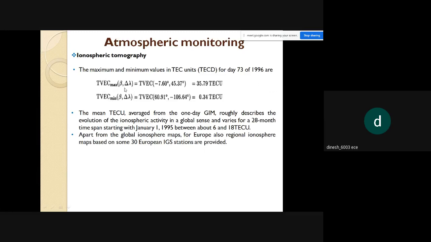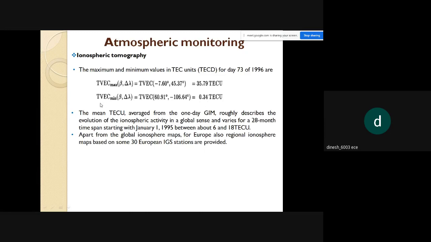TVEC max at beta, del lambda: minus 7.60 degrees, 45.37 degrees, where the value was 35.79 TECU, total electron content units.